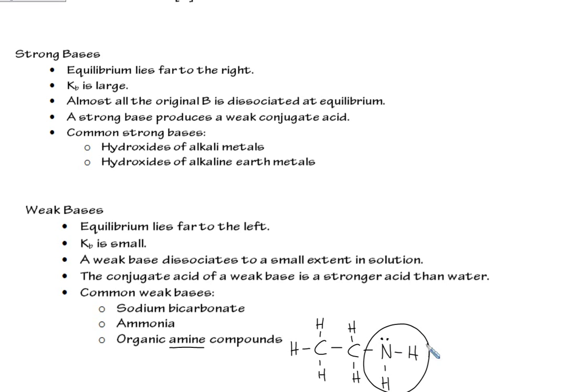Amine means nitrogen. And we kind of looked at the structure of nitrogen compounds like ammonia, which would just be NH3. On top of the nitrogen is a lone pair of electrons, which makes that region very negative. Plus, the nitrogen has a high electronegativity, so the electrons that are bonded between nitrogen and hydrogen are drawn toward the nitrogen, again making that region very negative.